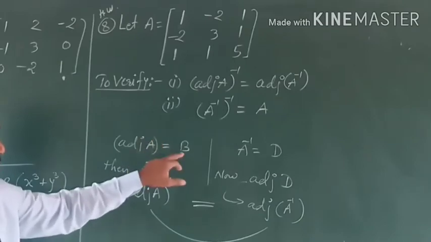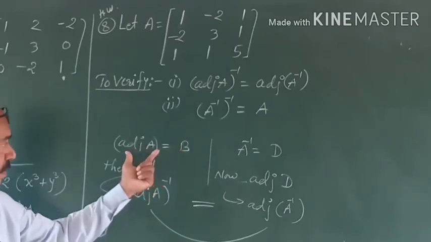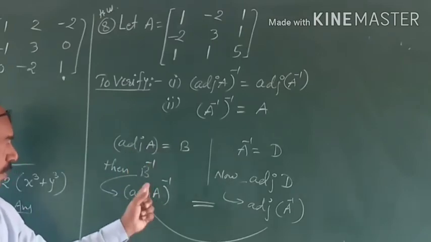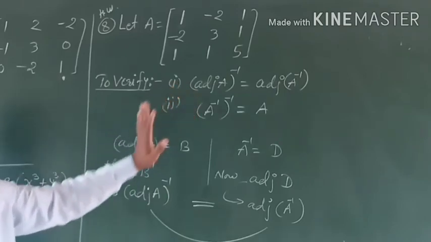Here adjoint of A is B, now find B inverse. In place of B, write adjoint of A. So B inverse is adjoint of A whole inverse, you will get LHS.